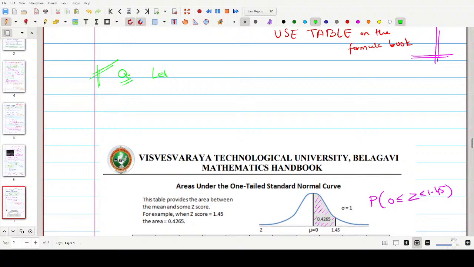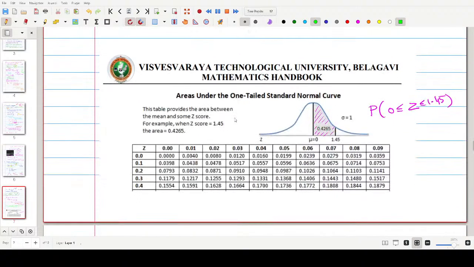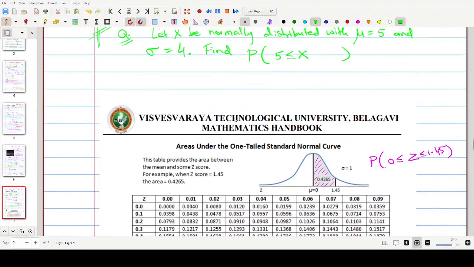So let x be normally distributed with mu equal to 5 and sigma equal to, let's say, 4. Then find the probability that the value of x lies between 5 and 6.